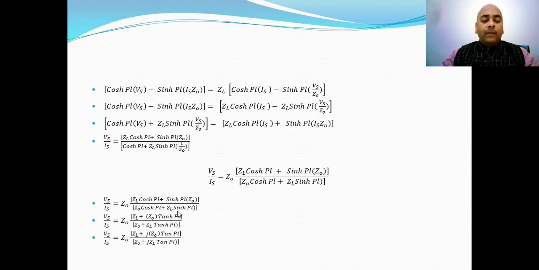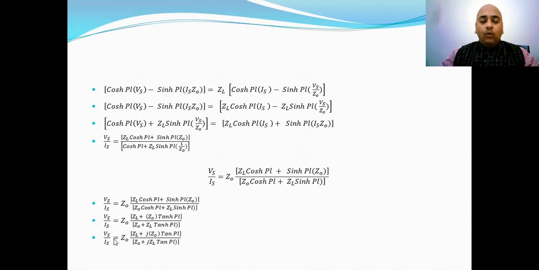Now converting hyperbolic functions into the tangent function, we can write tangent hyperbolic PL as j times tangent of PL. So Vs upon Is is equal to Z naught into ZL plus jZ naught tangent of PL, divided by Z naught plus jZL tangent of PL.